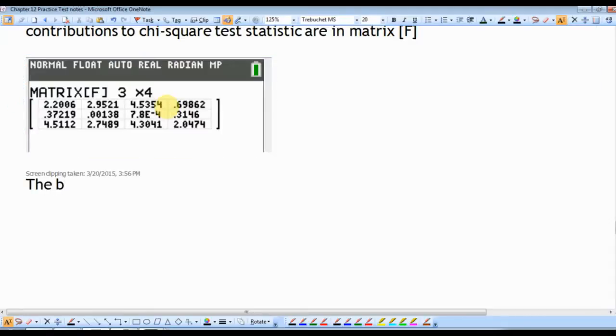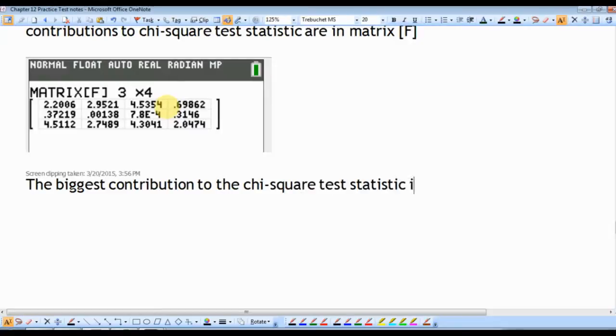The biggest contribution to the chi-square test statistic is 4.54, from A3 and B1.